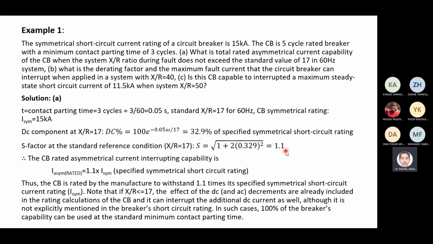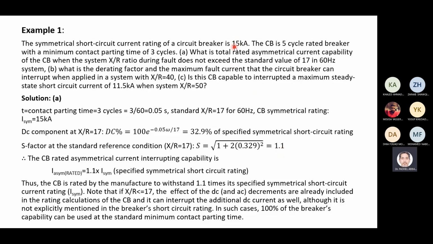So what does that mean, guys? The manufacturer of this circuit breaker has rated the symmetrical current that it can break at 15 kA, but including DC, it can break at the contact parting 10% more than this.